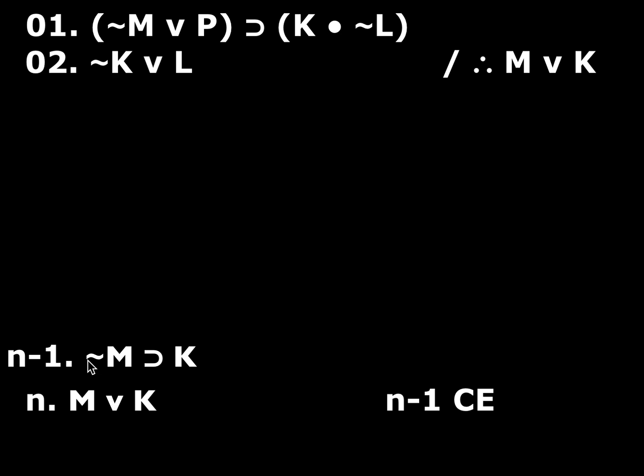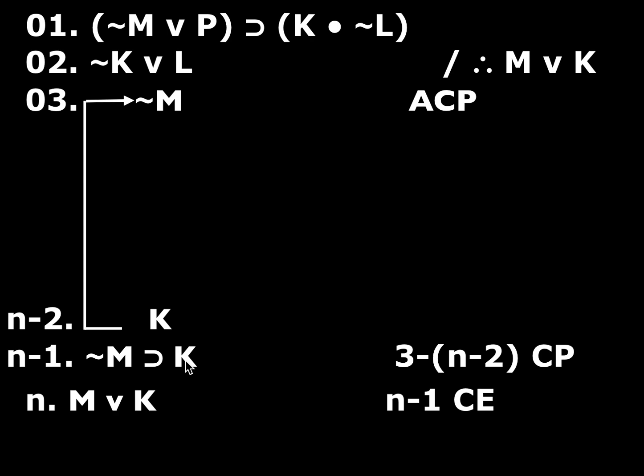Okay? Oh, well now this is a conditional. I could use conditional proof to get this conditional. Right? Assume this antecedent, derive that consequent. So I would assume not m, derive k. Okay, so start a conditional proof on line 3, not m, assumption for conditional proof. When I get to k, close it off.